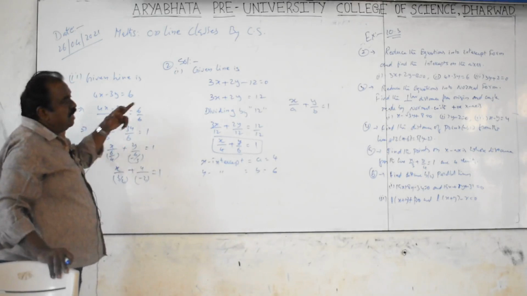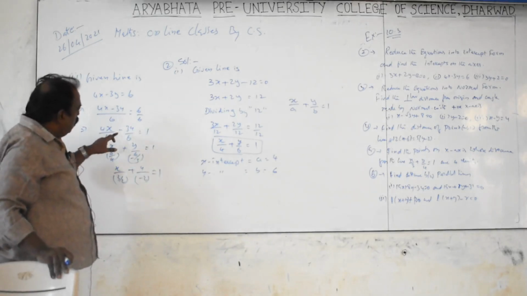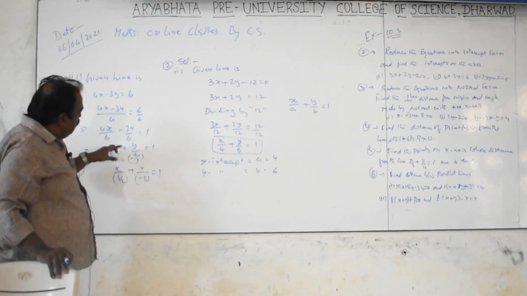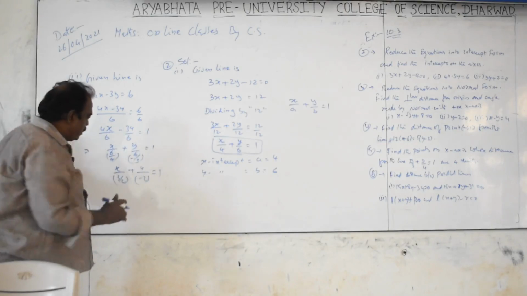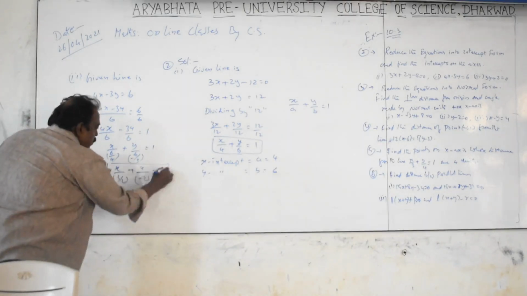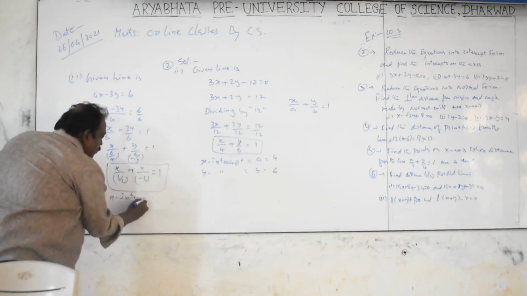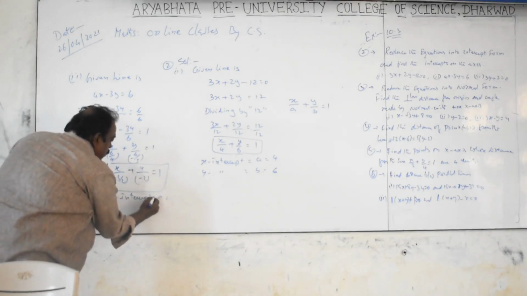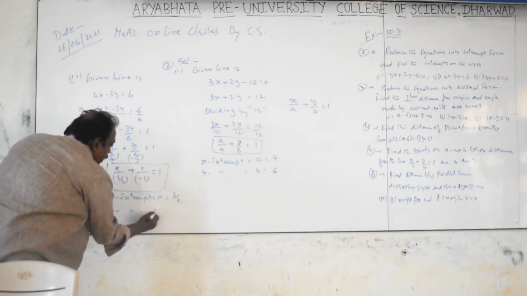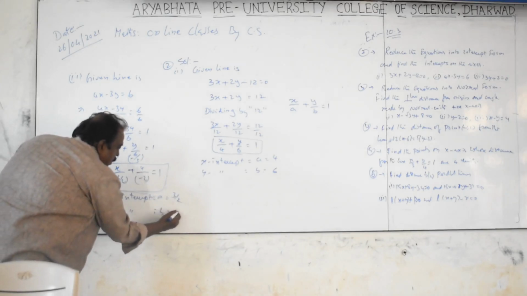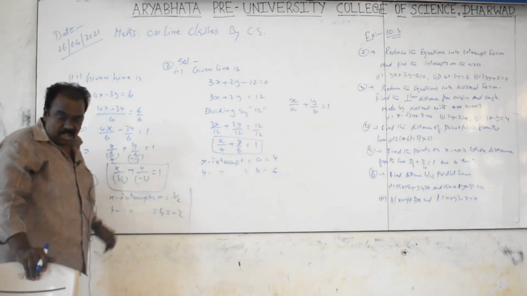The formation is x by a plus y by b, plus only. So, in order to get plus here, this minus will come to the denominator. So x-intercept A is equal to 3 by 2, and y-intercept B is equal to minus 2. Like this, we have to solve it.